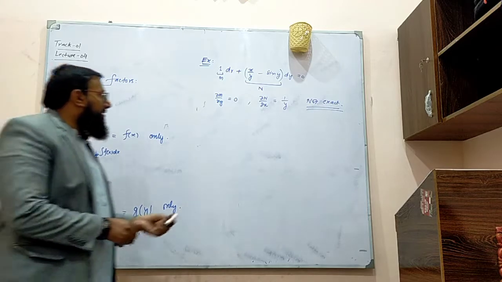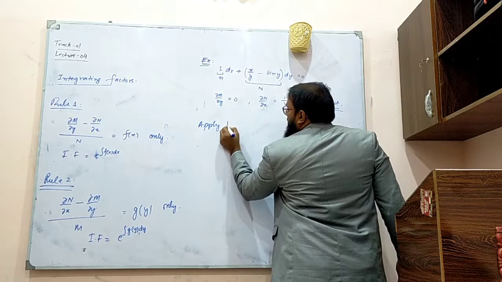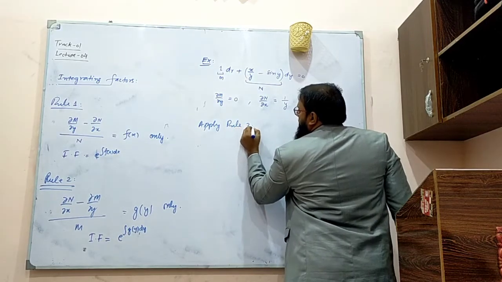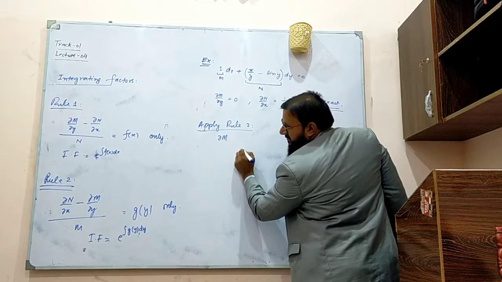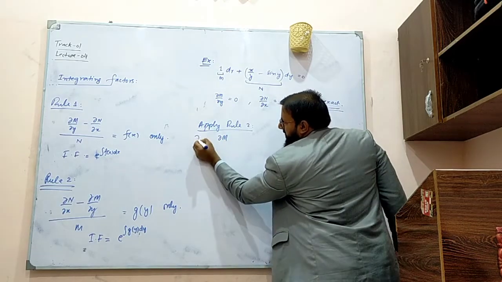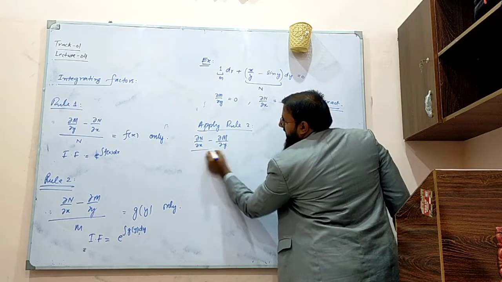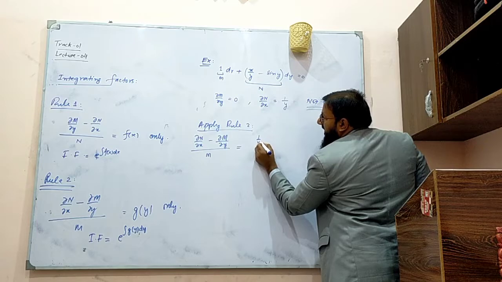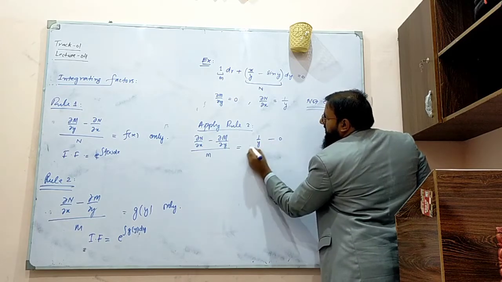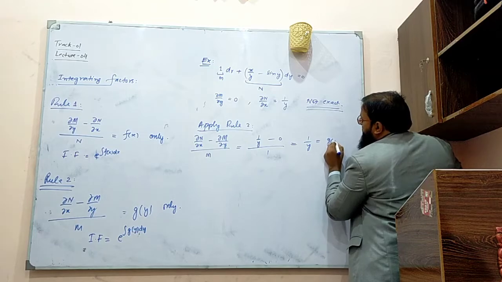So you apply rule 2. Partial n by partial x minus partial m by partial y, divided by m. Partial n by partial x is 1 upon y, and this is 0. This is 1. You see 1 upon y, which is only a function g of y.